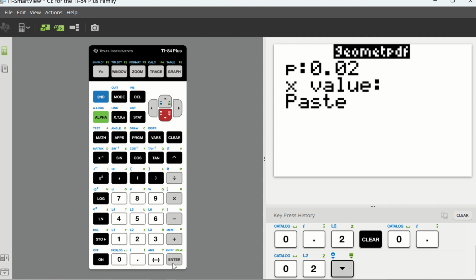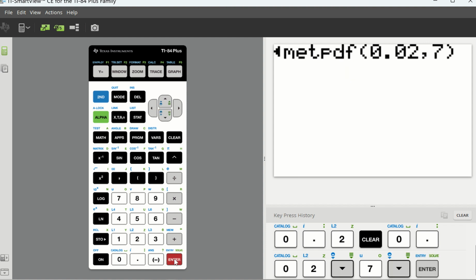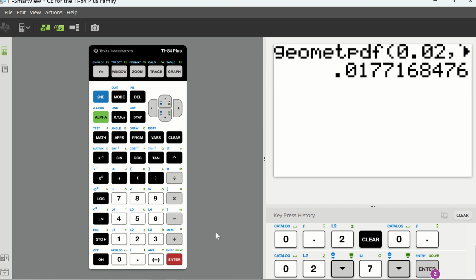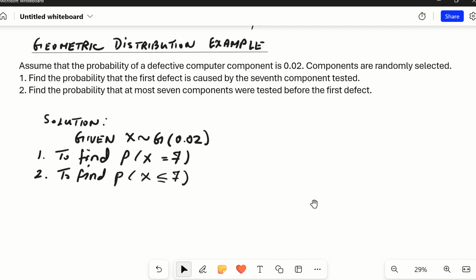So come down, type in 7, come down, select Paste, Enter, and on the main screen hit Enter again, and you get the result of 0.0177 for the first 4 decimals. So this says that the probability that the first defect is caused by the 7th component tested will be 0.0177, or roughly 2%.